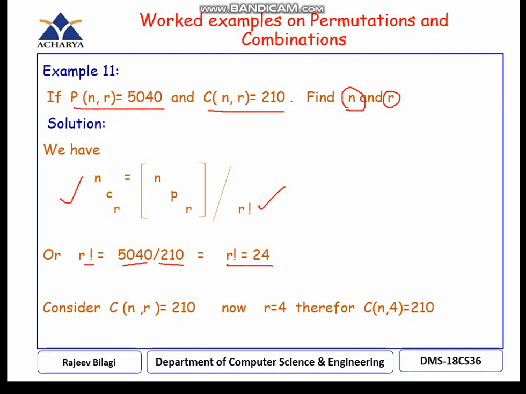So now nCr is 210. Since r factorial is equal to 24, I can find r is equal to 4. So I can write it as C of n comma 4, which is equal to 210, by substituting the value of r.